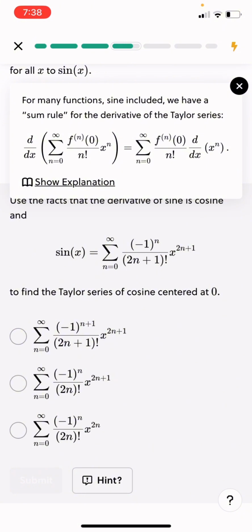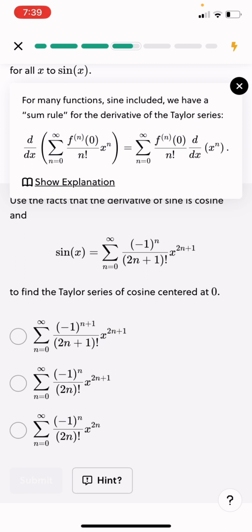Maybe it would be C, because it seems like all the other equations have something adding on to them, while C seems to have basically the same but no adding or anything to it. As you can see, the top ones are n plus 1 and 2n plus 1, and also the same for B. So let me look at this one.